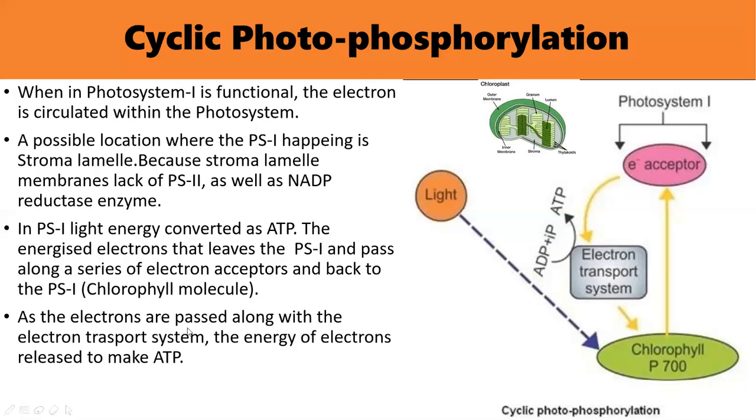As the electrons are passed along the electron transport system, the energy of the electrons is released to make the energy form, that is ATP. On the screen you can see the basic outline of this cyclic photophosphorylation. Now let's go in detail.